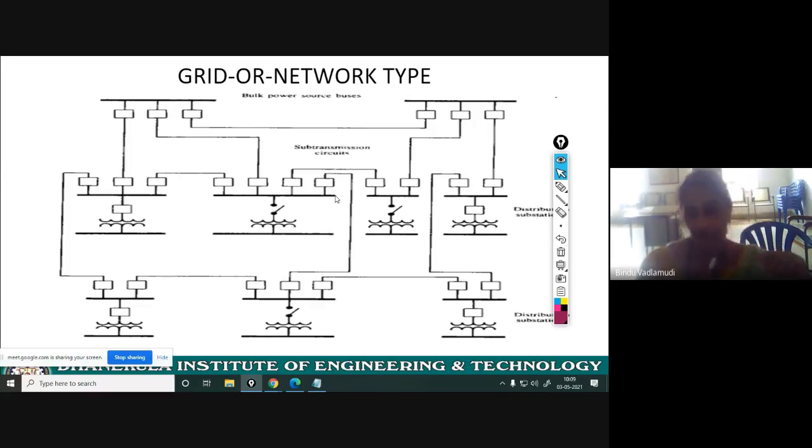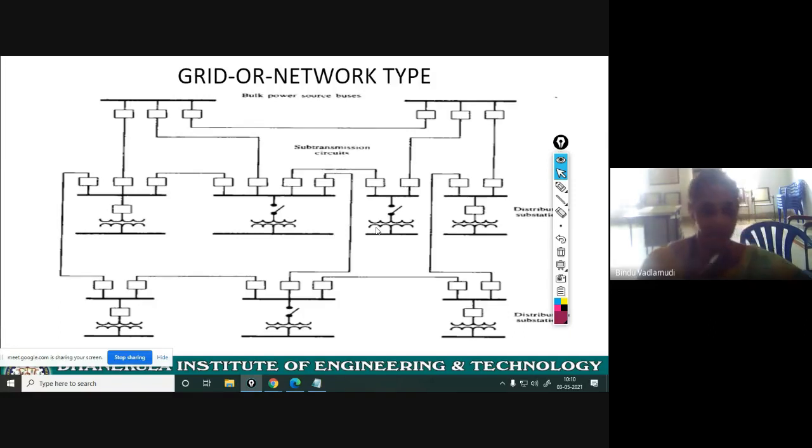So what are the differences? Here, if you observe, the major difference is that instead of using a single bulk source, we have two bulk power supplies. And each and every substation is connected with a backup to one or two substations.